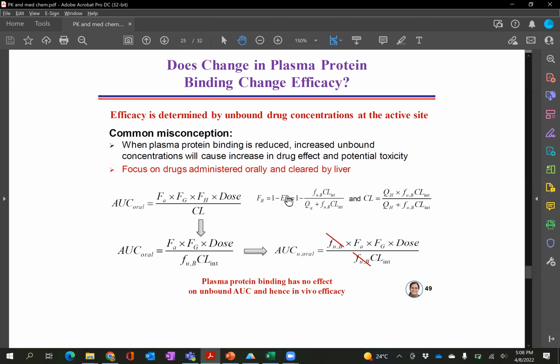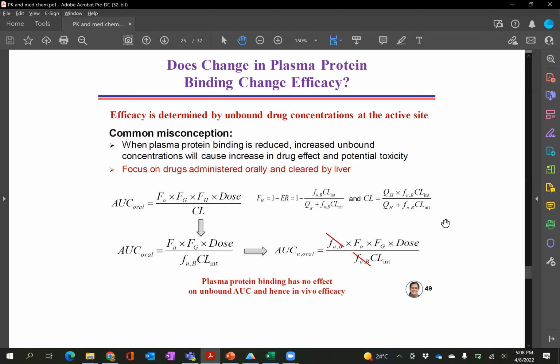Why 1 minus extraction ratio? Because FH is the percentage of compound that actually survived through the liver metabolism, and the ER is the portion that gets destroyed. So that's why 1 minus ER equals FH. And then they equal this whole bunch of things, and then clearance equals this.